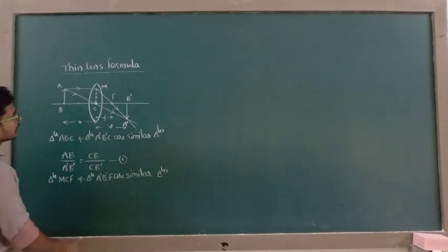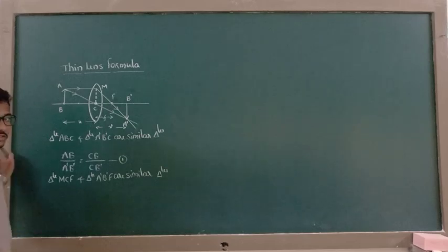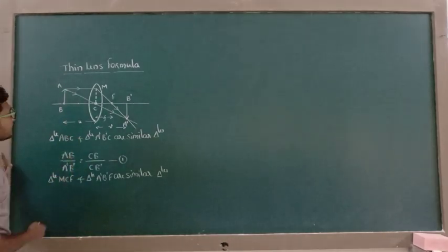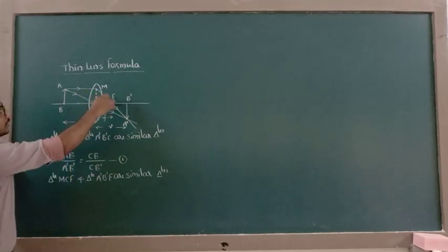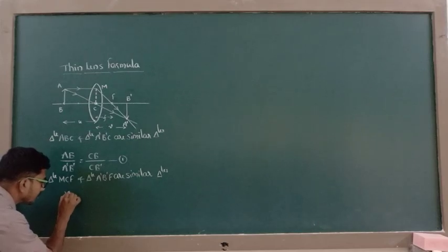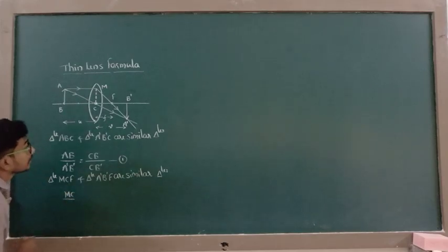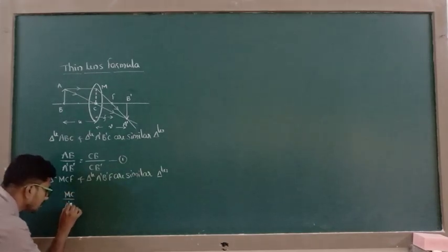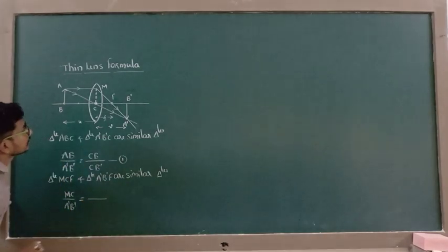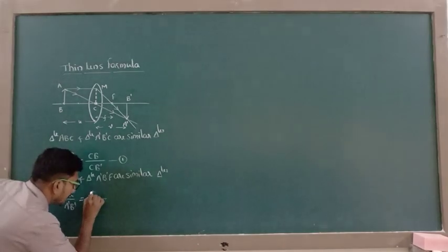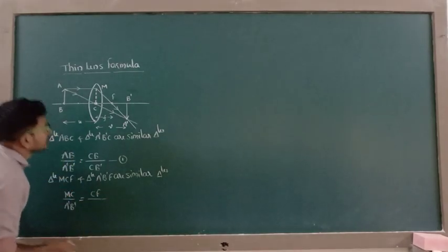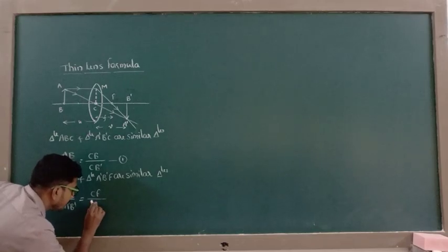Now again in case of similar triangles, we can write the ratio of heights is equal to the ratio of the bases. So the ratio of height, that is the height of this triangle is MC divided by A dash B dash. This is equal to the base CF or FC. So here base FB dash or B dash F, FB dash.